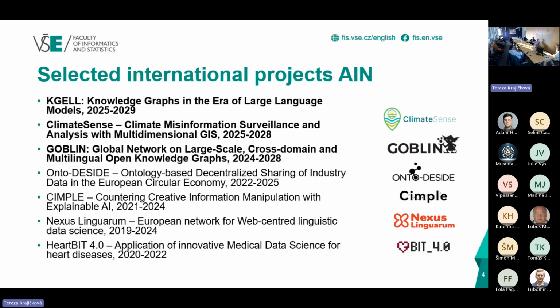AI is not explicitly mentioned in some titles, but it should be emphasized that all of them now include some sort of AI, large language models, or nearly all feature this topic.